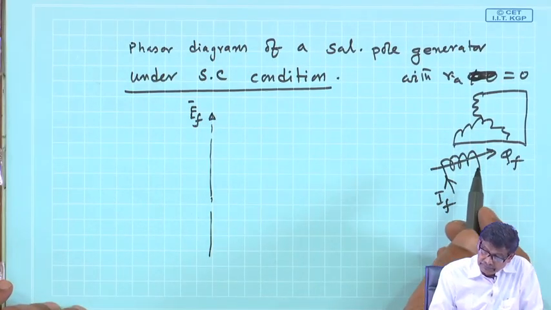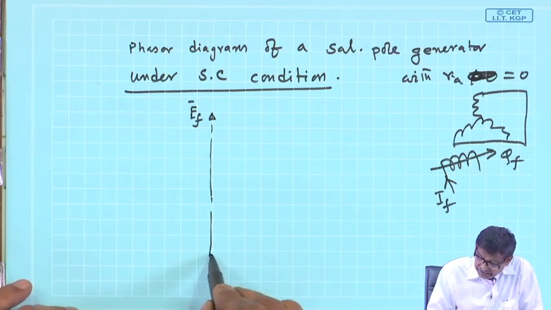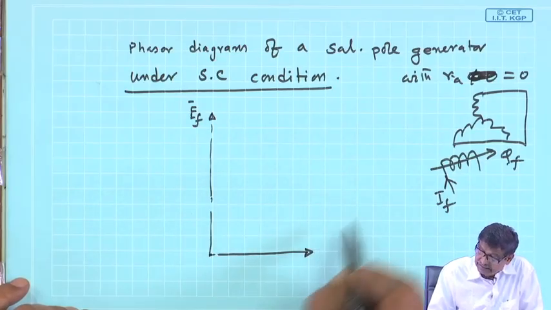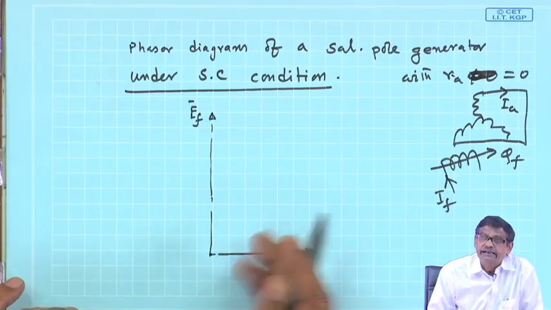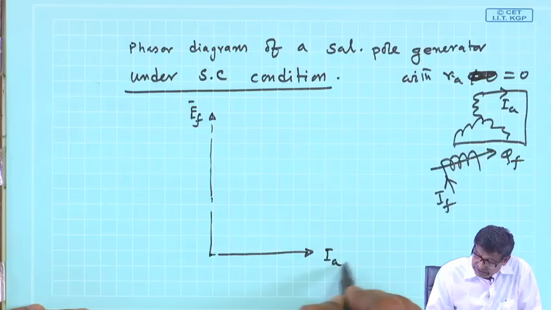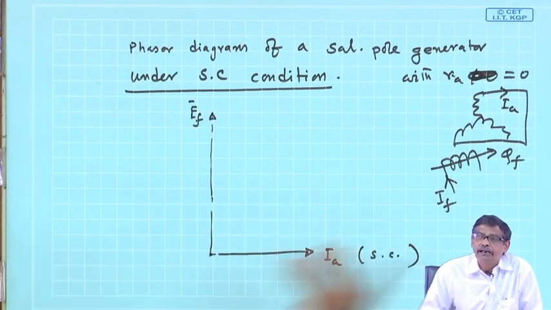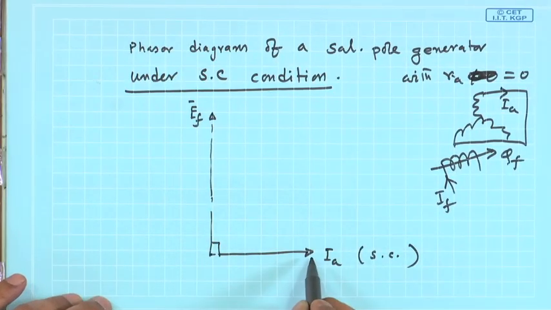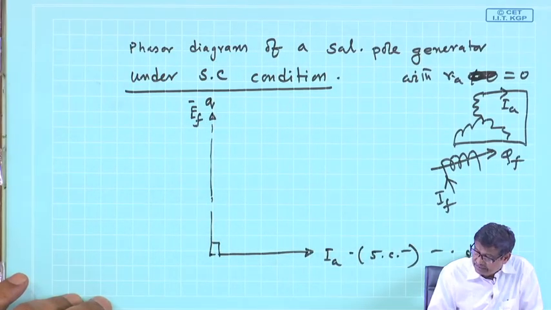Okay. And if it is purely inductive, then the short circuit current, that is this current IA itself, will be 90 degrees lagging, because there is only inductive effect. Therefore, whatever the short circuit current is, it will be lagging your induced EMF by 90 degrees. In other words, this is the q axis and this will be your d axis, is it not?